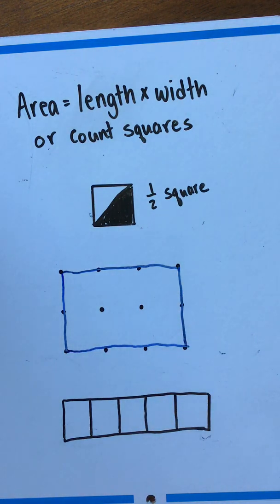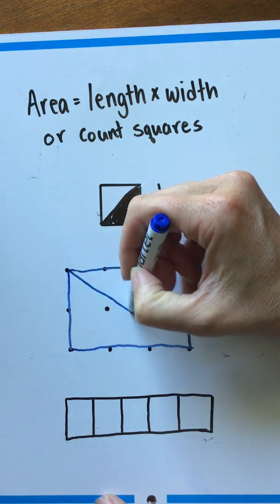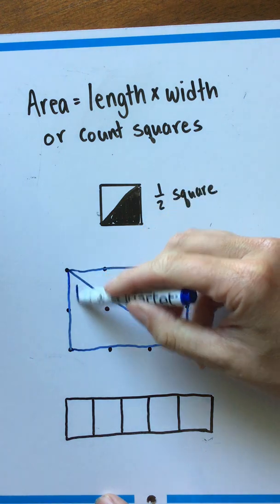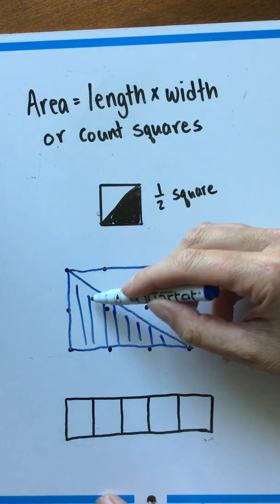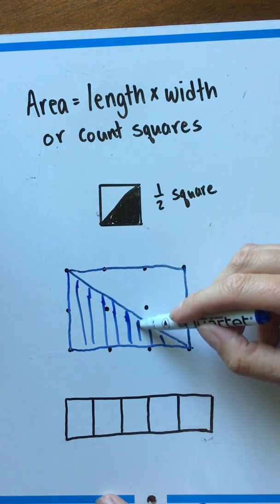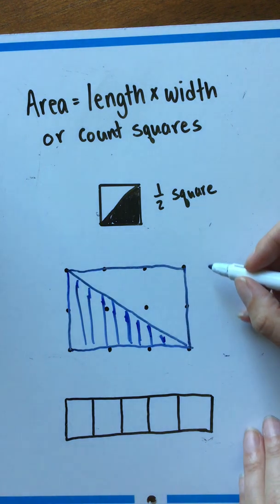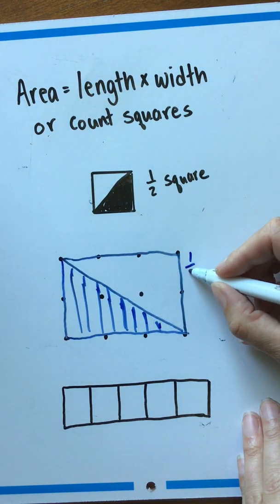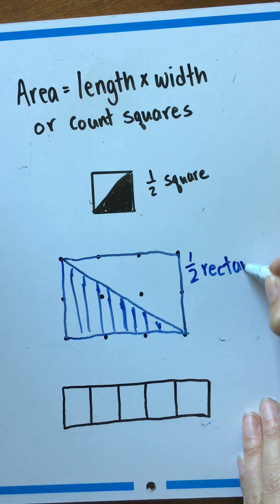So let's say we've got this rectangle here, and we don't have all of it. We only have this one side. All right, well, we still know that what I have here is half of whatever the area of that rectangle was.